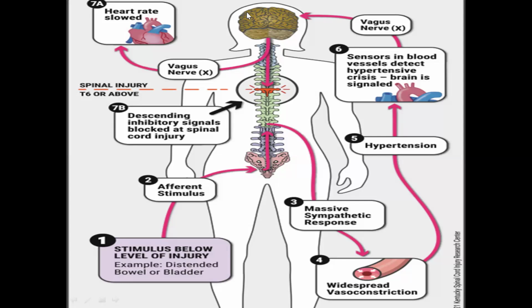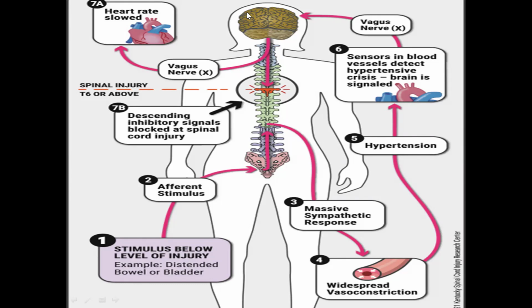Now, in a patient that has injury around T6 and above, if there is anything causing irritation below the level of the injury, it can make the patient have autonomic dysreflexia.